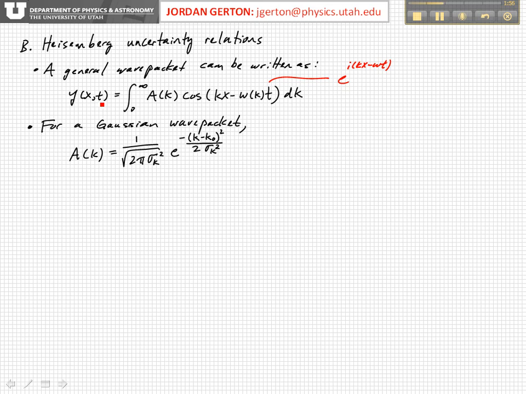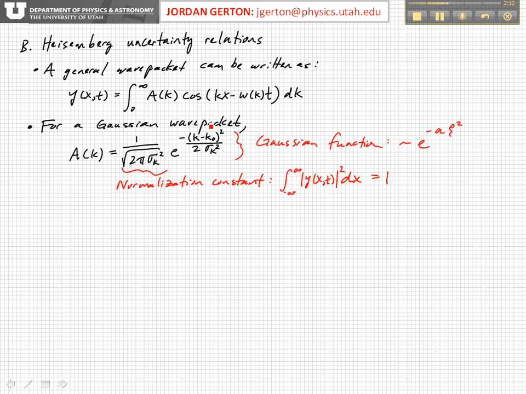Now, in the previous view graph, we talked about a Gaussian wave packet, and in that case, the distribution a of k, the distribution of k values, has this Gaussian form. So this part here, e to the minus (k minus k naught) squared divided by 2 sigma k squared, is a Gaussian function.